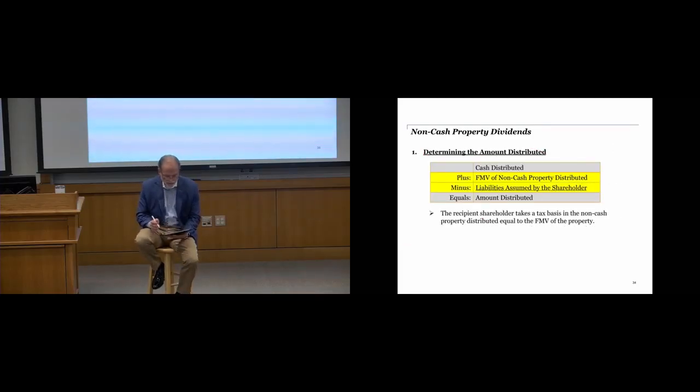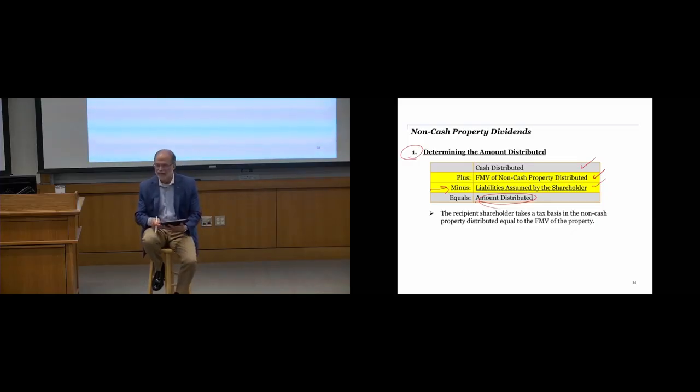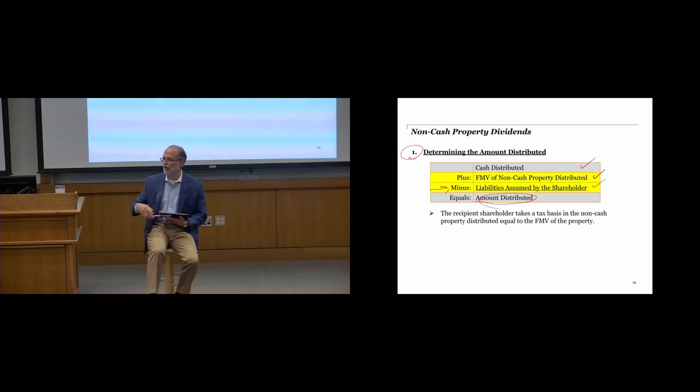So, taking those in order, determining the amount distributed. It's going to be the cash distributed plus the fair market value of non-cash property, less any liabilities assumed. That is the amount distributed. I could have a cash and non-cash distribution, and I may or may not factually have a liability assumed by the shareholder. You'll see the liability assumed if I had real estate.